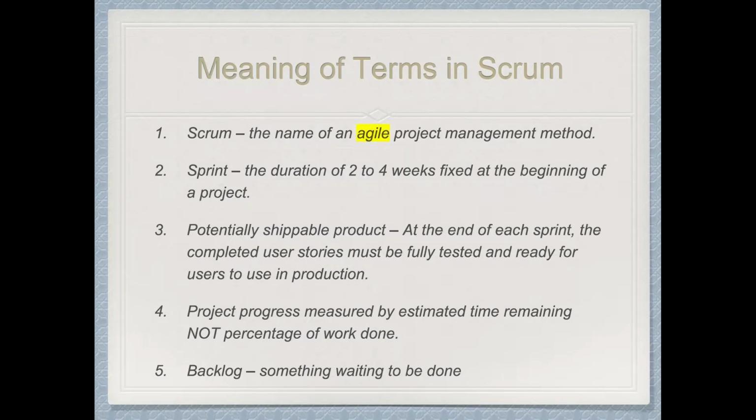But let's remind ourselves with these terms. Scrum is the name of a very popular agile project management method. In fact, there are many agile methods, but the one that is most famous is Scrum, and sprints refer to a short duration, 1 week to 1 month, but few people use 1 week.